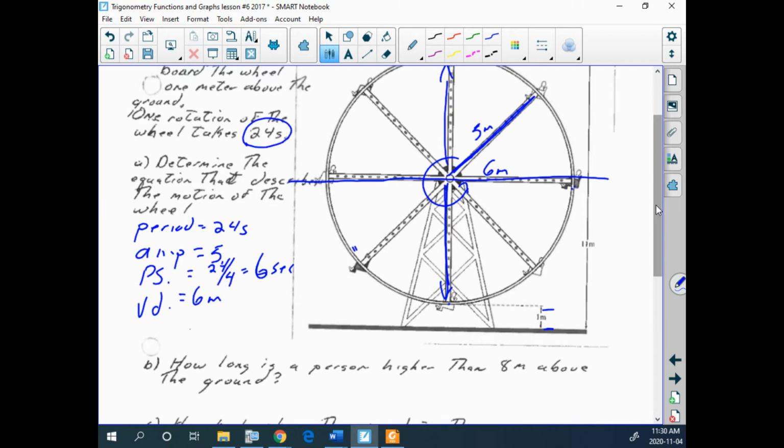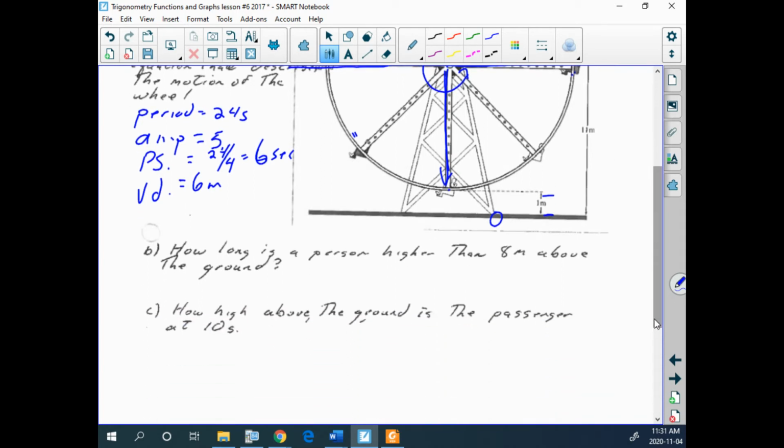The vertical displacement is how far above where we're measuring 0. We're going to measure 0 at the ground. So in this case, it's 1 plus that. And then the phase shift, you have to decide which equation you're going to use. Y is equal to 5 sine.